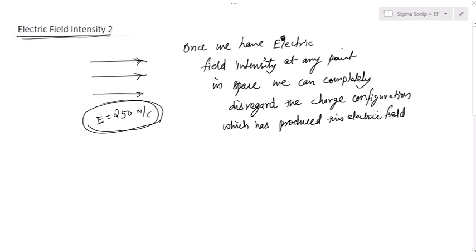So as long as I have this E here, I need not bother about where it's coming from. I got the value of E, and that would be enough for me.